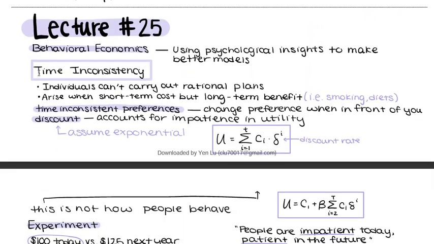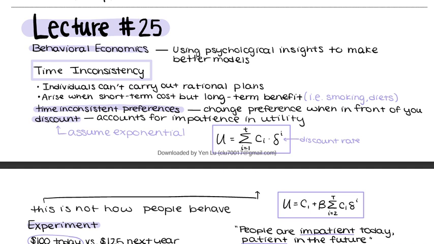Okay. A very important concept is time inconsistency. That is, individuals can't carry out rational plans, and it arises when there are short-term costs but long-term benefits, like smoking and diets.